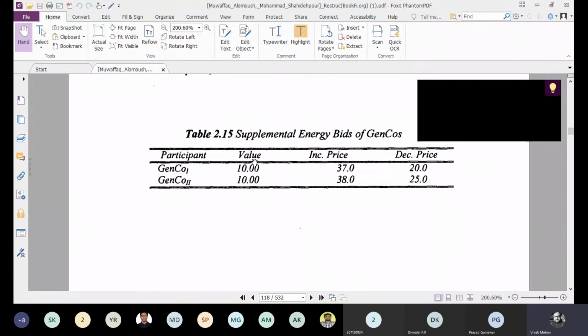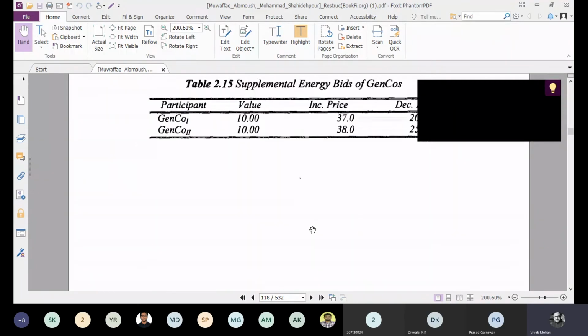For 10 megawatts deviation, the maximum deviation possible from GENCO 1 is 10 megawatts, and from GENCO 2 also the maximum deviation that can be provided is 10 megawatts, at different incremental and decremental prices. The incremental price for GENCO 1 is $37 per megawatt hour, and the decremental price of GENCO 1 is $20 per megawatt hour. Similarly, GENCO 2 has also submitted supplemental energy bids.